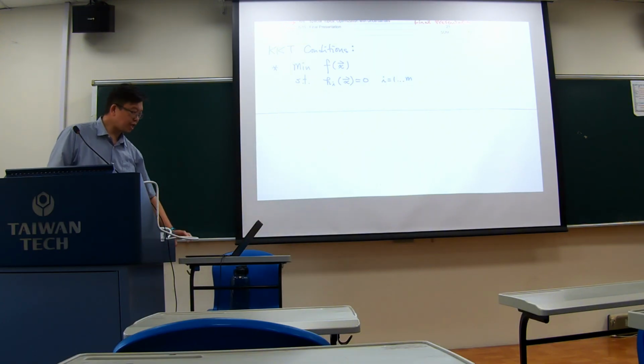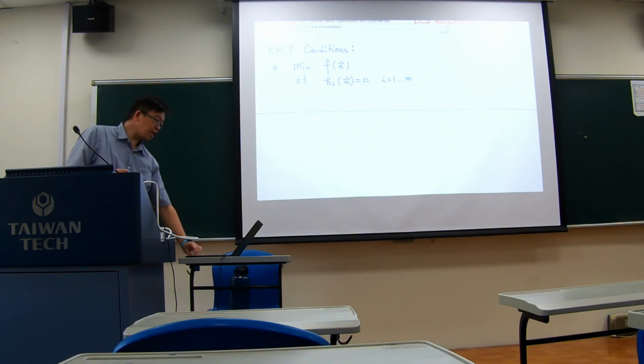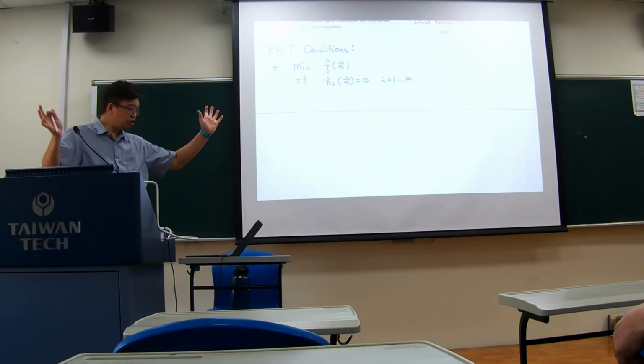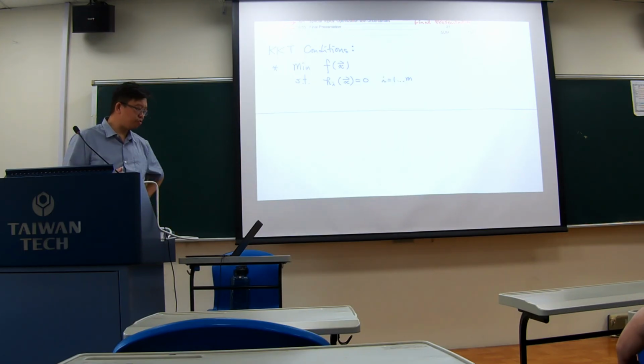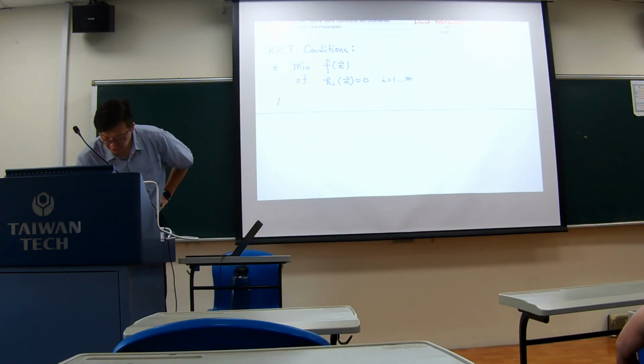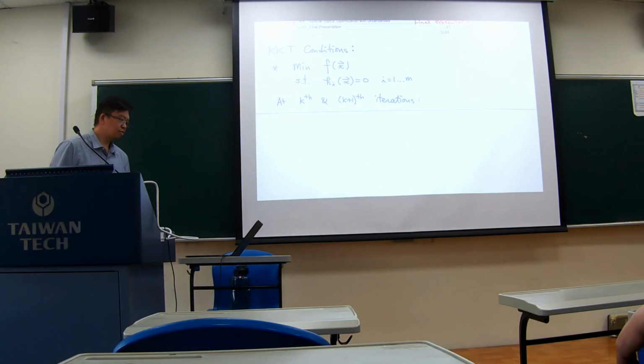During the iteration process, let's say you develop some kind of optimization process, and at the k iteration and k plus one iterations, you need to satisfy the equality constraint.